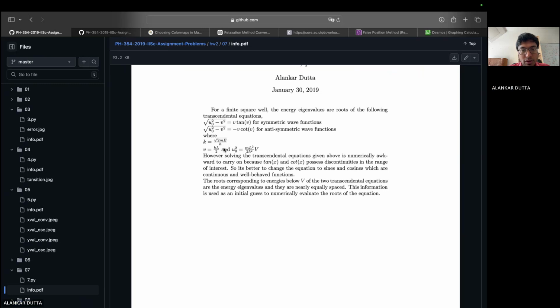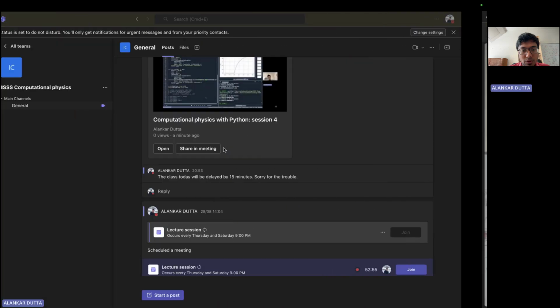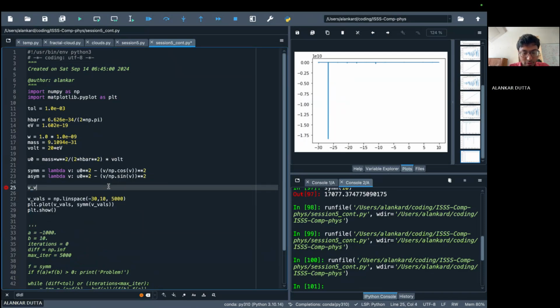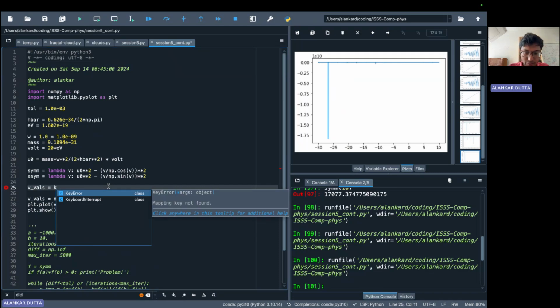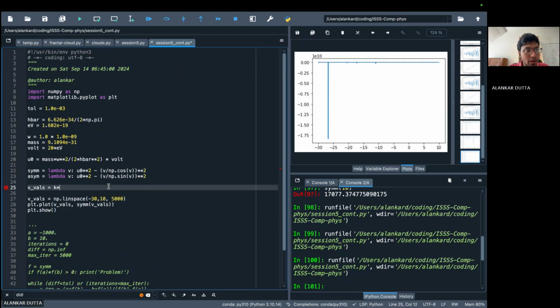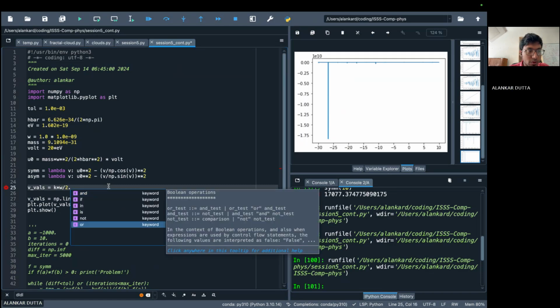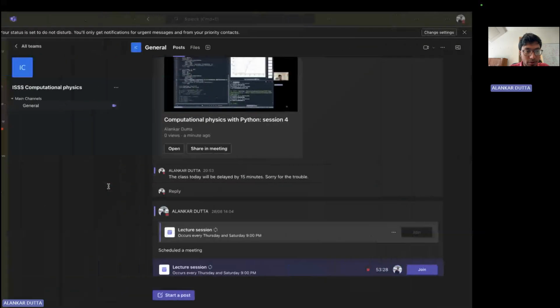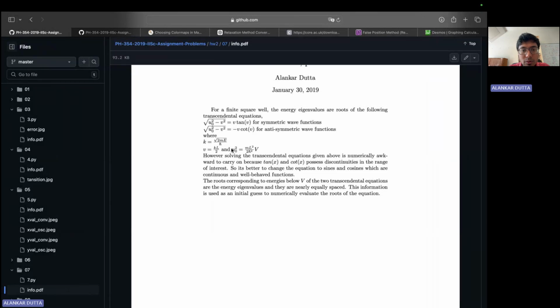So V vals is K times L over 2, and L is nothing but the width of the well. So K times width by 2, and K is root 2mE over h bar as far as I can remember.